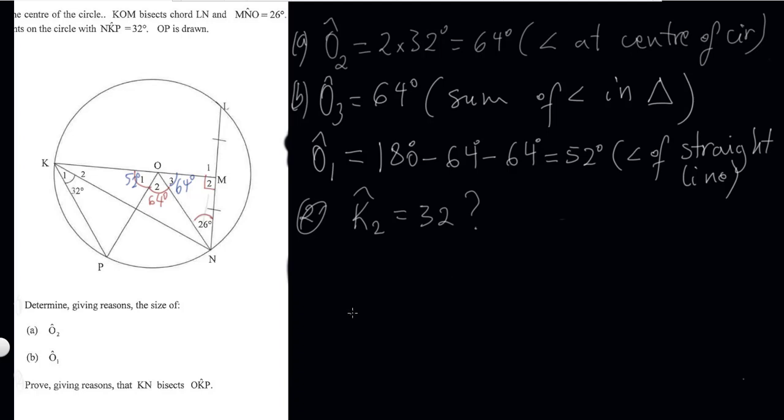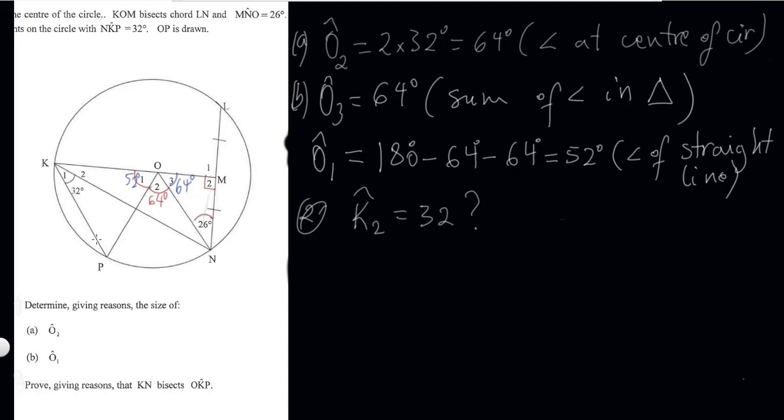Now, if you look at this circle, OK is a radius. OP is a radius.